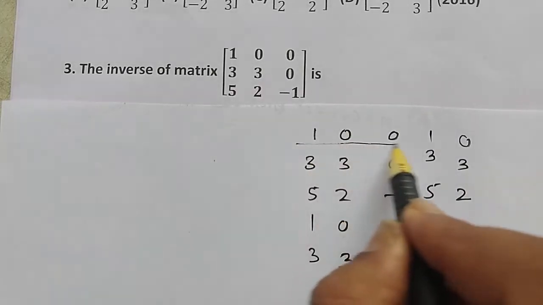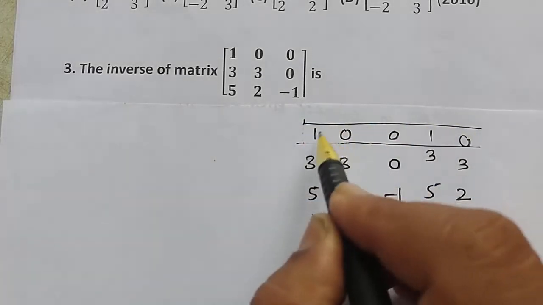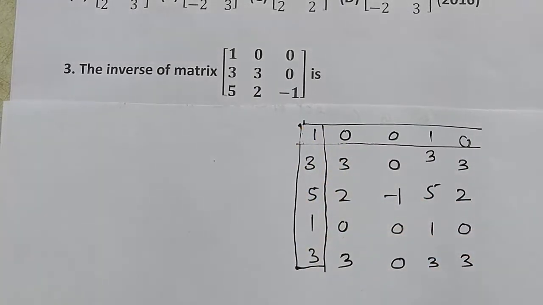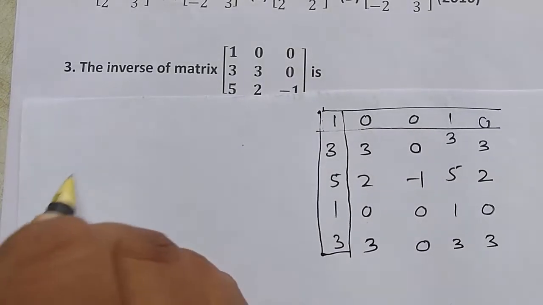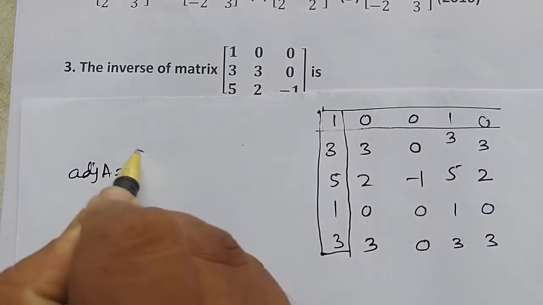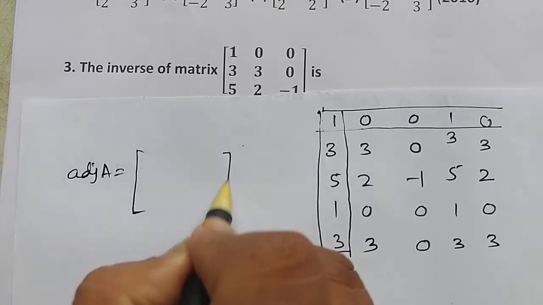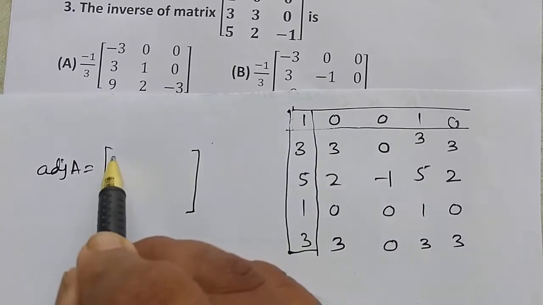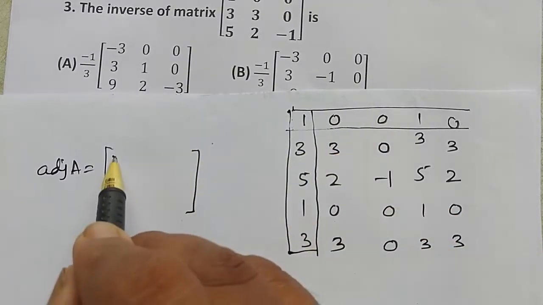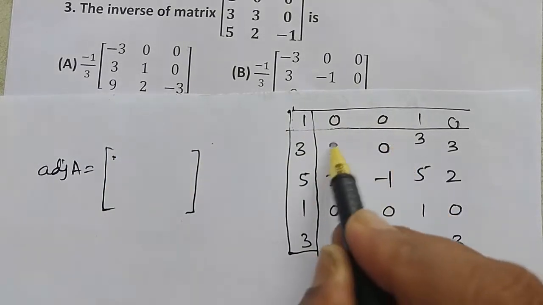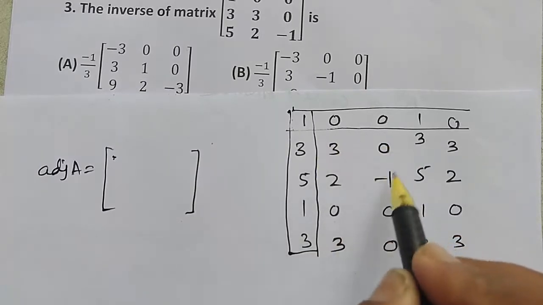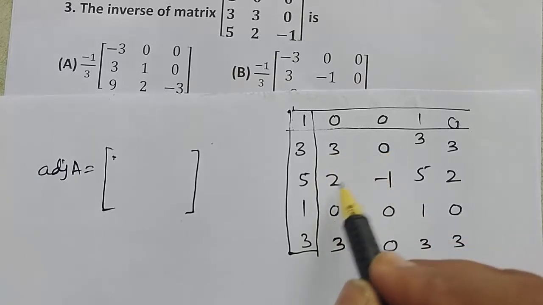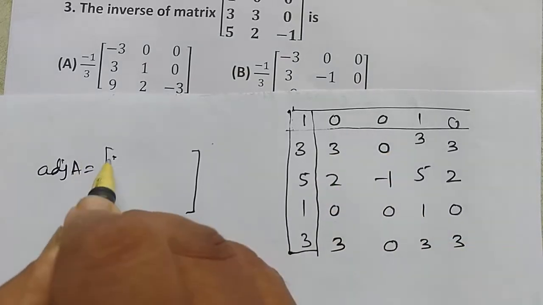Now we remove the first row and first column. Now the adjoint of a matrix is a square matrix of order 3. We take the first row. The first element of the first row is the evaluation of this determinant: minus 1 into 3 is minus 3, plus 0 into 2 is 0, that is minus 3.